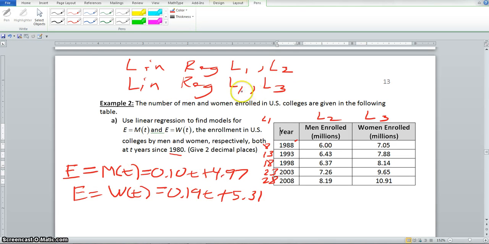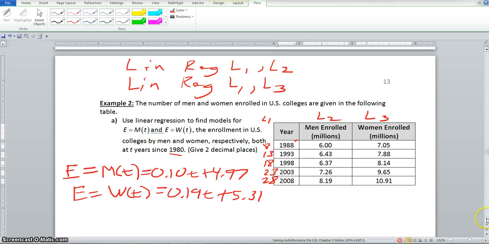Now using the data from L1 and L3, this will give you this equation here. This is the men equation, this is the women equation. Now you know with the linear regression it gives you A's, B's, and X's. So what you have to do is convert it into what the problem is telling us here. So this is how we get those equations. And I know you all know how to do it because that was given to you all in the previous lesson.